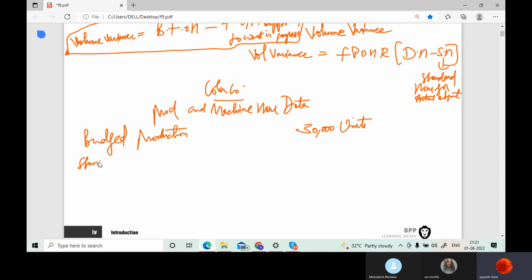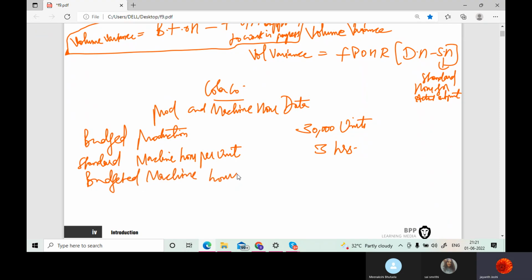Standard machine hours per unit 3 hours. So budgeted machine hours will be 90,000 hours. Those are planned ones. So your budgeted machine hours are nothing but the number of hours you want to work.